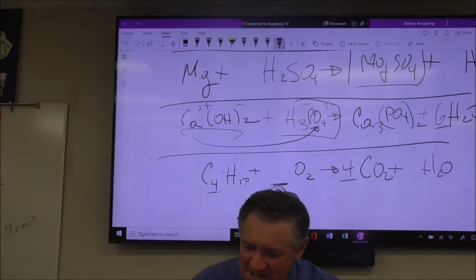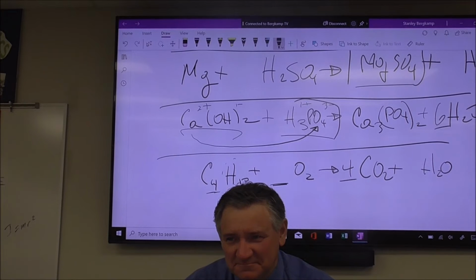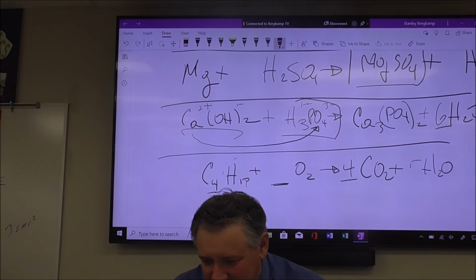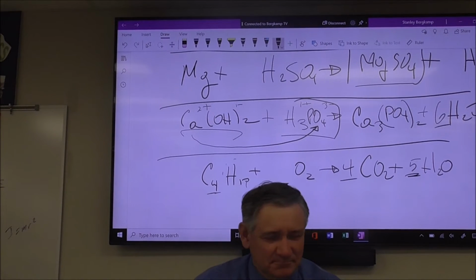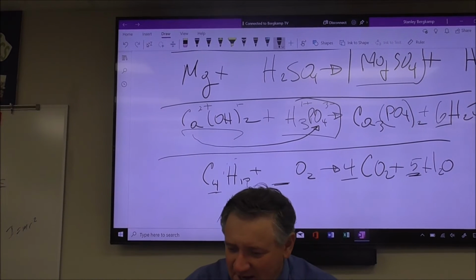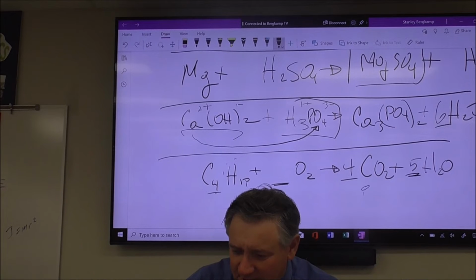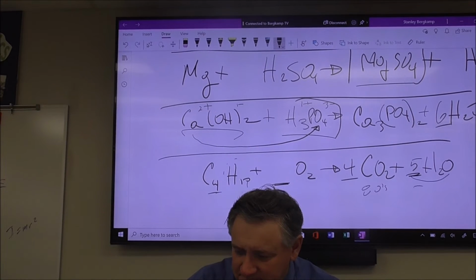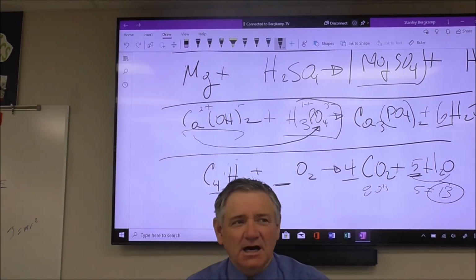Okay. How am I going to get 10 hydrogens on the other side? Put 5. There you go. Okay, that's good. Now, I've got 8 oxygens here, right? And I got 5 oxygens there. So I have 13. Oh, that's tough.